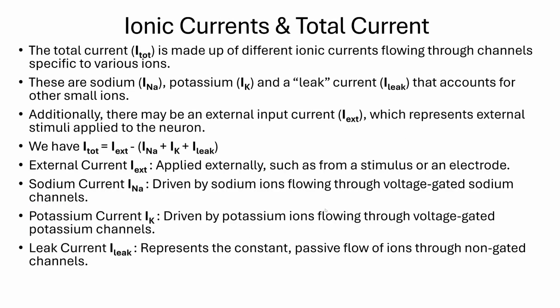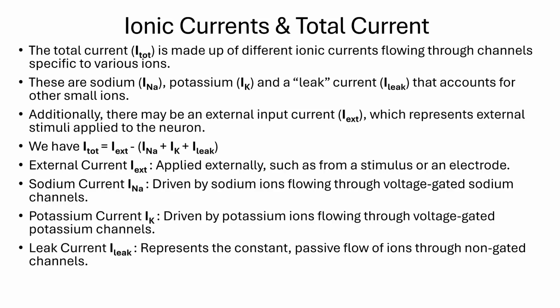Now, we say the total ionic current, but it is not a single entity. It is made up of different ionic currents flowing through channels specific to various ions. We have the sodium ions, the potassium ions, and leak currents that account for other small ions.